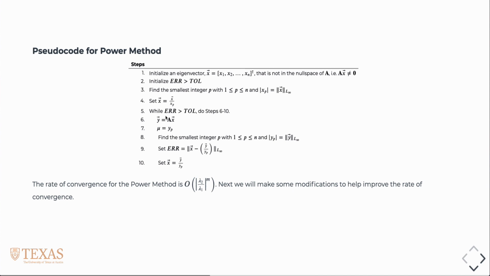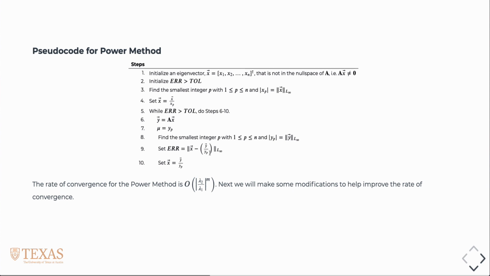And then we run it through our iteration. So y is A times x. Mu is the p component of y, and then we find a new p associated with this, set our error to this, set a new vector of x.